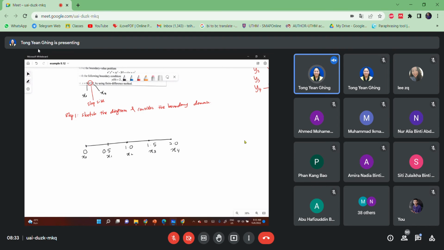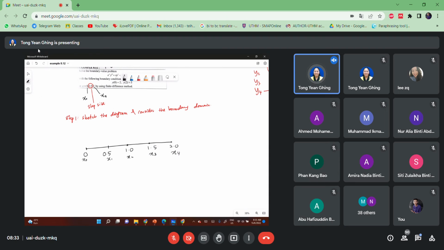So in total we have x1, x2, x3. Start from x0, which is given here. Can you see? This one is when x is 0, y is 2. So that means x0 is 2. And then this one is x1, x2, x3, and x4.